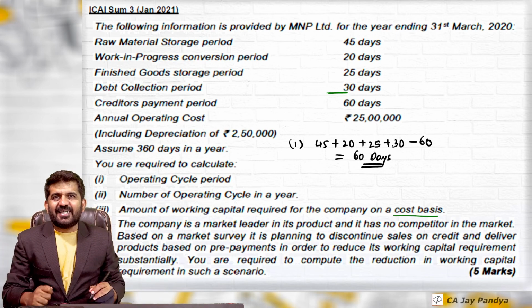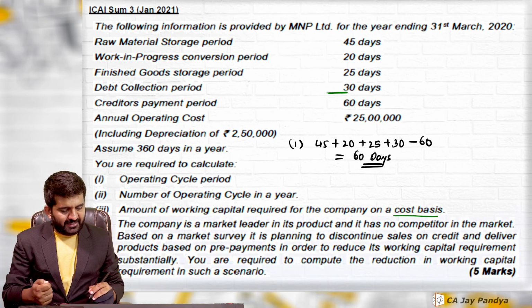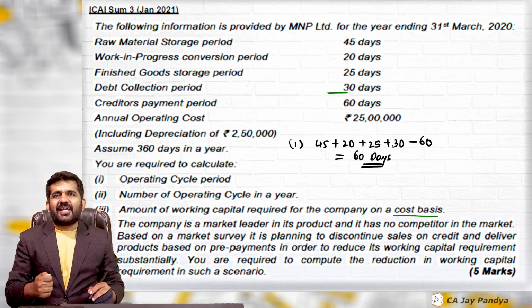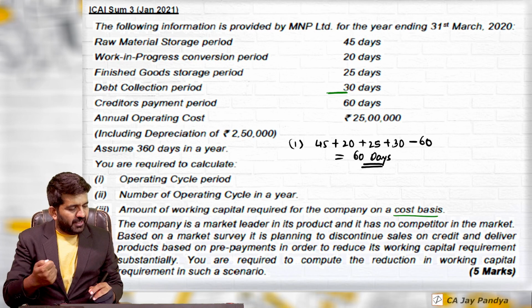If 60 days is working capital cycle, how many cycles will be there in 1 year?